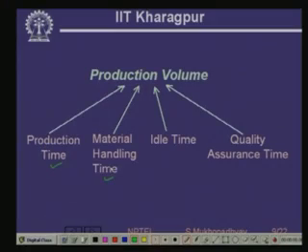The production time will reduce because typically various production parameters can be reduced. So, you have reduction in production time, and reduction in material handling time using automation equipment for material handling.